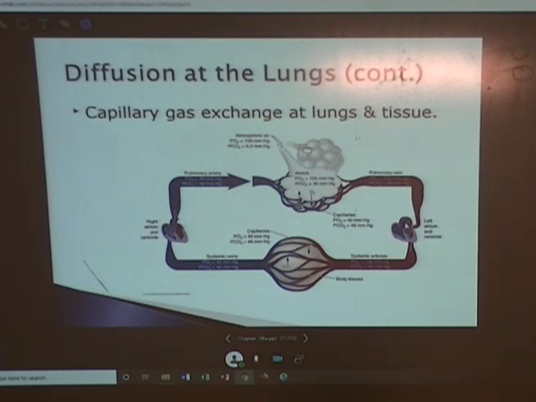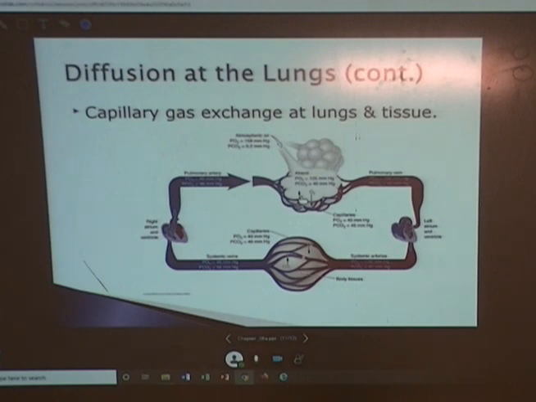Round to the heart, into the left atrium, into the left ventricle, out around the body, we hit a muscle or another tissue or organ, right? Here we have partial pressure of oxygen of 100.